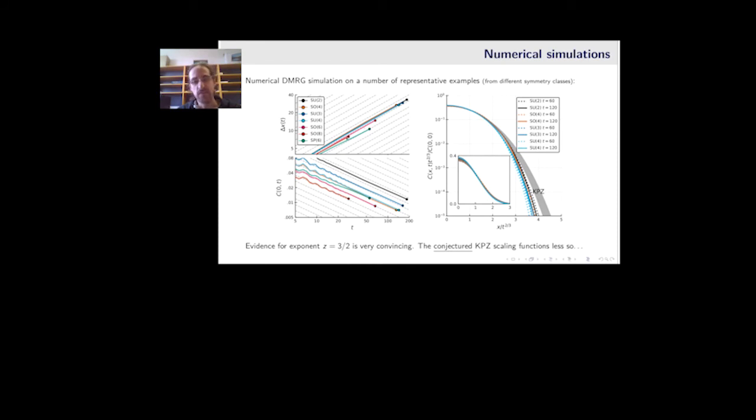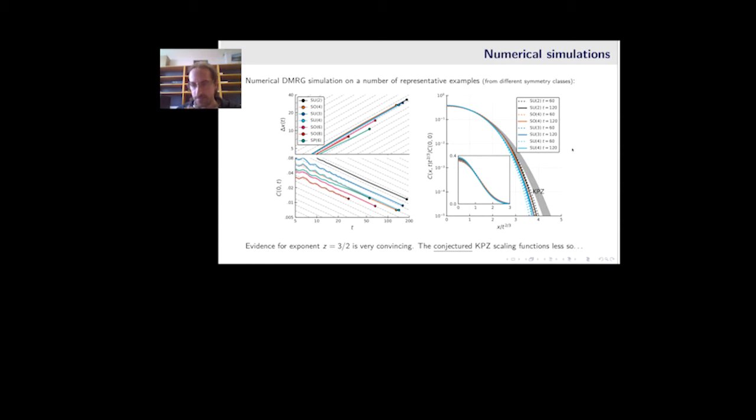But nevertheless, for these toy models of each symmetry class, we first check how the second moment of the dynamical structure factor grows, and we were able to find the anticipated exponent pretty nicely. On the other hand, we also computed the asymptotic scaling functions to check whether they have the KPZ form, and here we were not so successful. This is on the right plot.